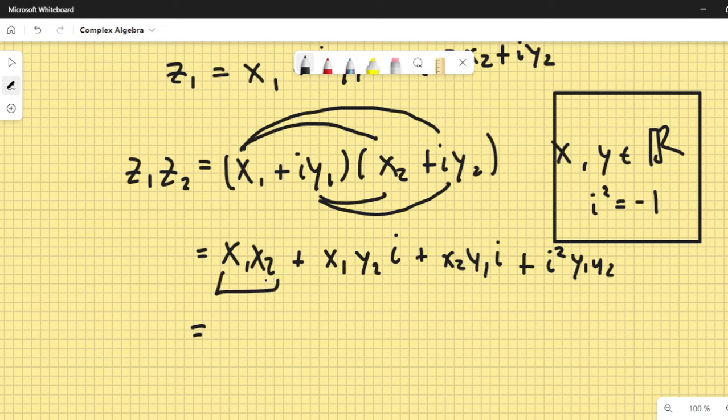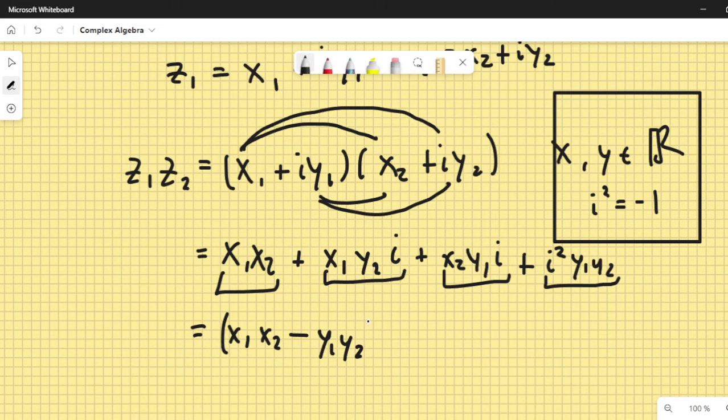This is a real number, this is a pure imaginary, and this i squared is -1, so it's x1 x2 minus y1 y2.